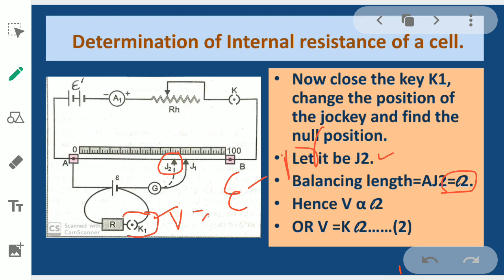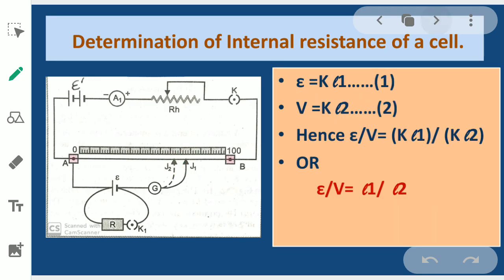So obviously this V is less than the electromotive force of the cell. So in this condition, V is proportional to L2, and V equal to K L2. Now using these two equations, we get E by V is equal to L1 by L2.